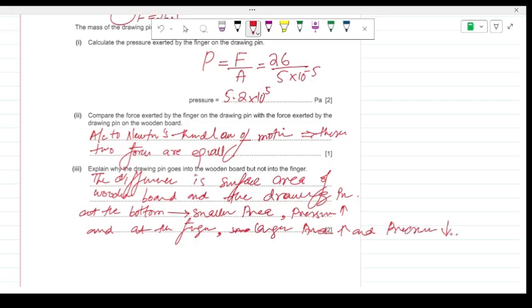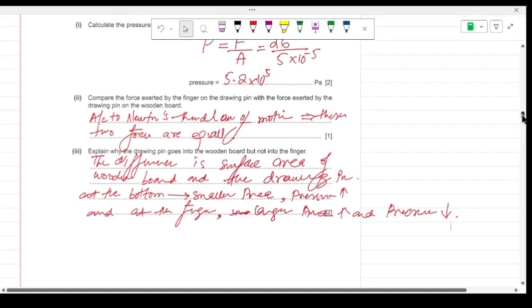That's why the drawing pin goes into the wooden board, not into the finger.